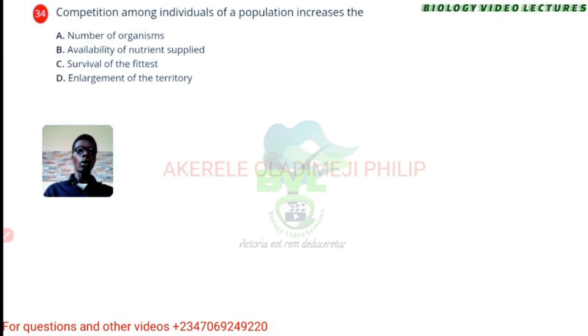Now, competition among individuals of a population increases the what? Number of organisms, availability of nutrients, survival of the fittest, enlargement of the territory. Well, when you have organisms of the same species or population competing, it can't cause the number of organisms to increase.